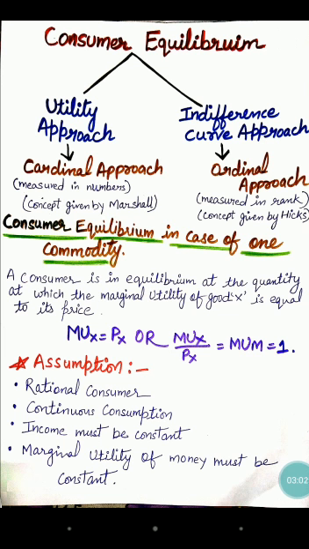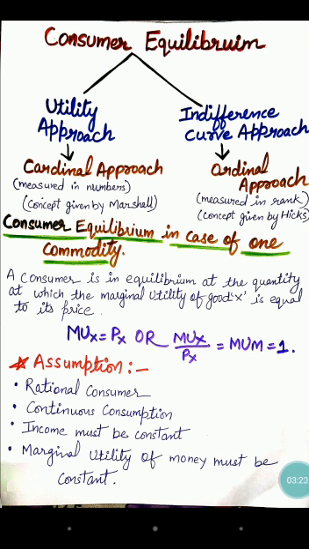The cardinal approach is measured in numbers and was given by Marshall, and the ordinal approach is measured in ranks and was given by Hicks. So in this video we are going to discuss the utility approach.